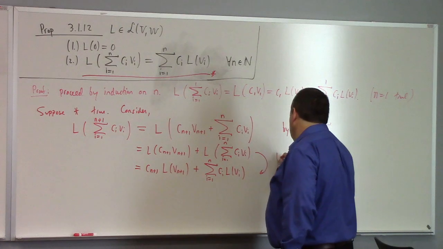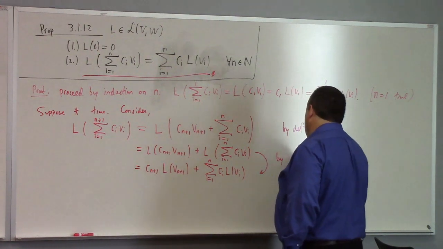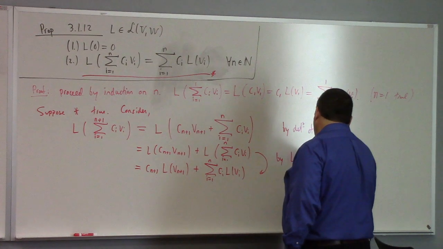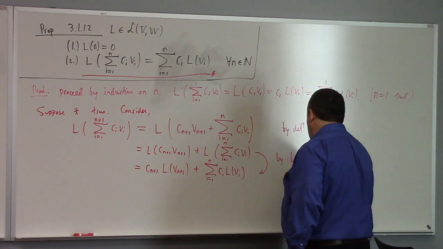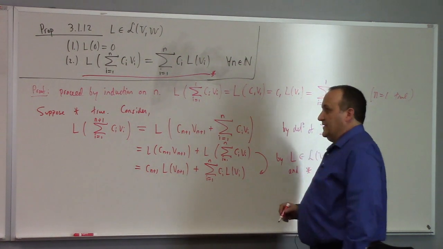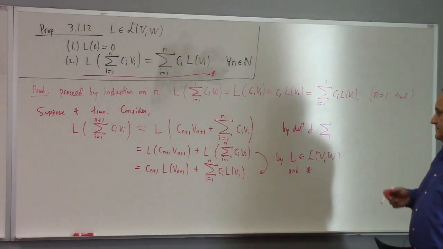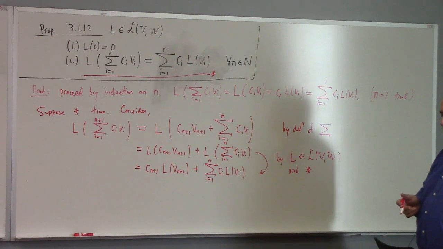So this is by homogeneity, by 2, by L, a linear transformation, and the n star, right? Which is what I've labeled my induction claim here. Then we simply apply the definition of the finite sum another time.